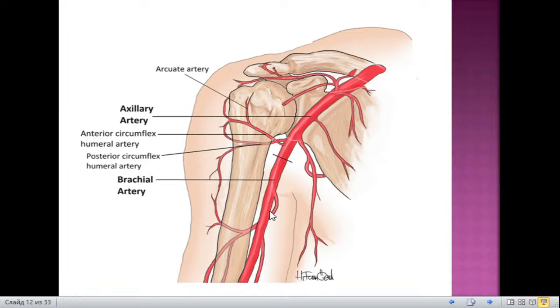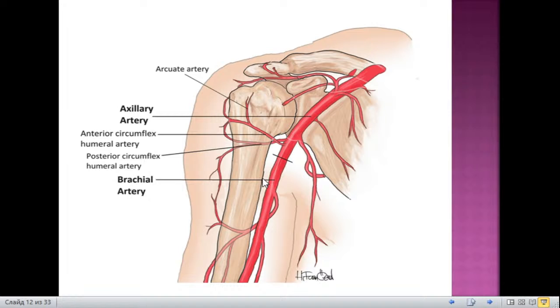So what is the most important anastomosis here? The most important anastomosis occurs between the suprascapular artery and the circumflex scapular artery.